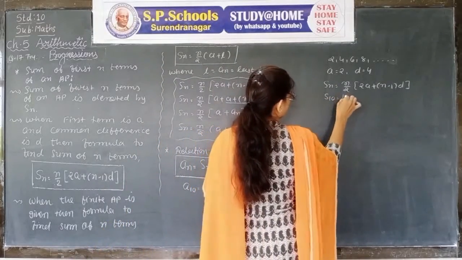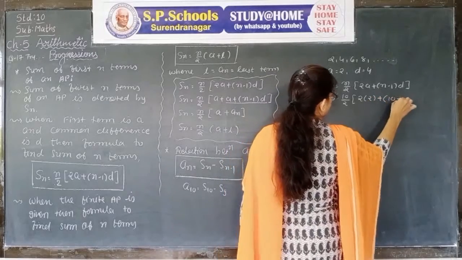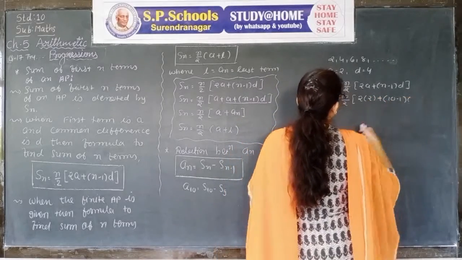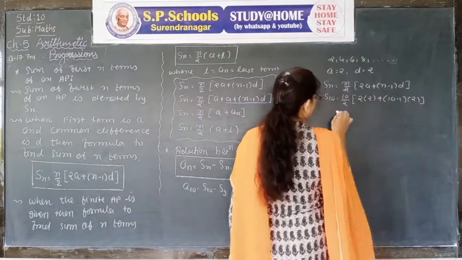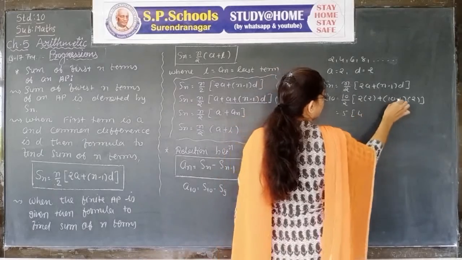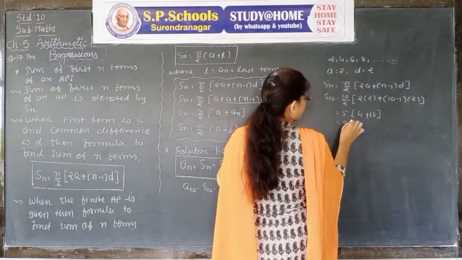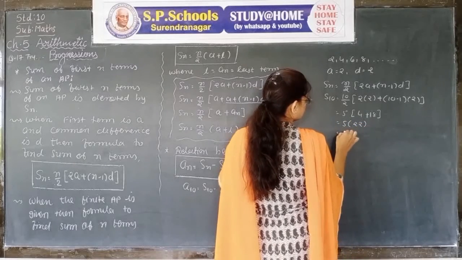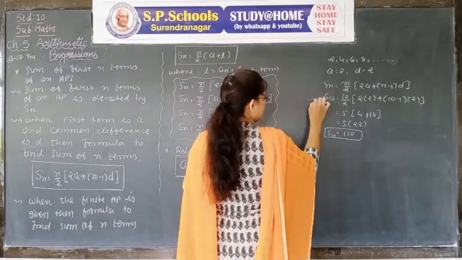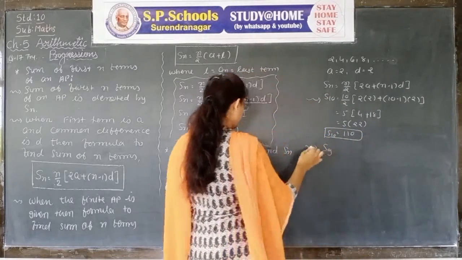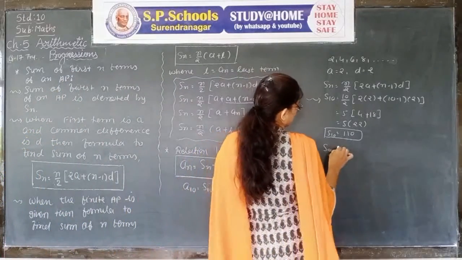S10 equals 10 upon 2 into bracket 2 into 2 plus 10 minus 1 into 2, where the common difference is 2. 5 into, 2 twos are 4, 9 twos are 18, 5 into 22, which gives 110. So S10 is 110.